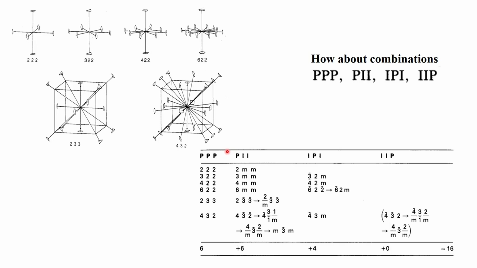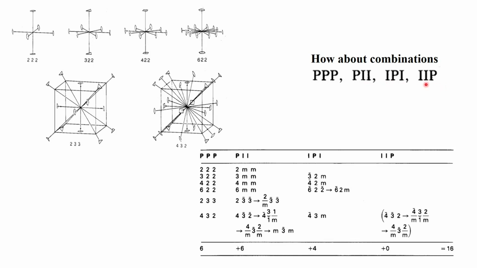Putting that condition, and also the condition that there is periodicity in the lattice, that is A repeats along the X direction, B repeats along the Y direction, and C repeats along the Z direction, we have these restrictions of having 1, 2, 3, 4 and 6. So, 1, 2, 3, 4 and 6 will give rise to the possible crystal systems, and then the combinations of these with respect to PPP, PII, IPI and IIP will give rise to the other crystal systems.